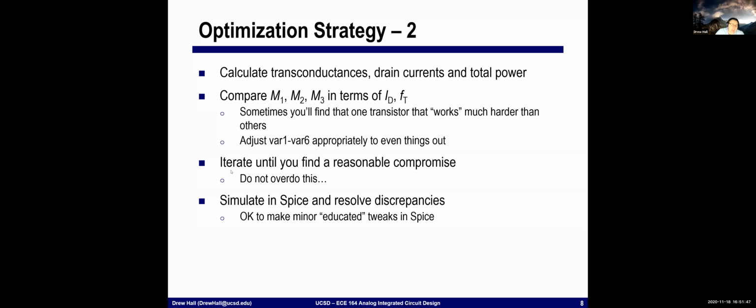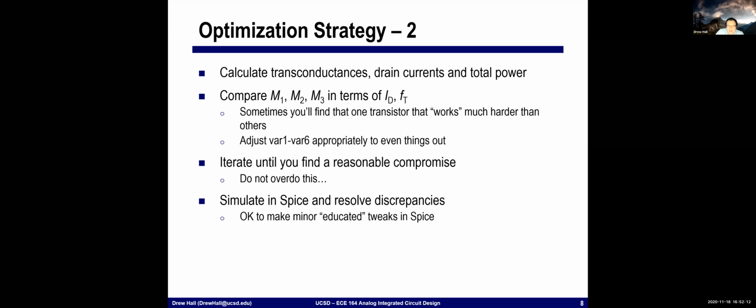And really, it just turns out that this is an iterative process, that your first design is very unlikely to be your final design, in the sense that when you want to optimize, you need to smooth things out and even out the effort of each of the transistors.